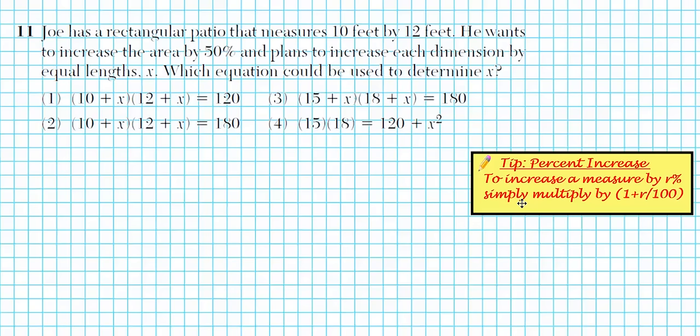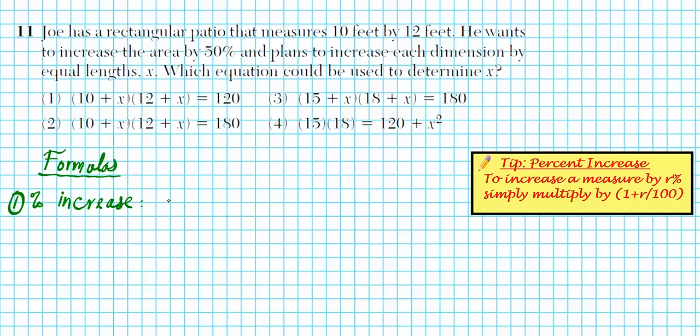Before we get started with the solution to the problem, let's go ahead and write down two formulas that we're going to be using for this problem solving process. So formulas. The first one has to do with percent increase. Formula number 1, percent increase.